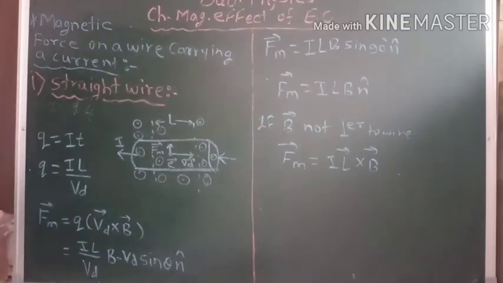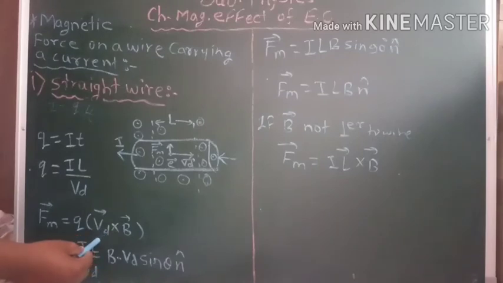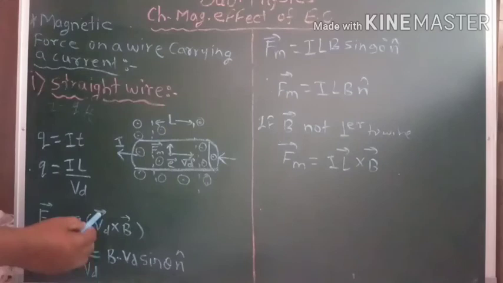We know the magnetic force on a charge from the previous lecture: Fm bar is equal to Q times V bar cross B bar, where V is the drift velocity Vd bar.